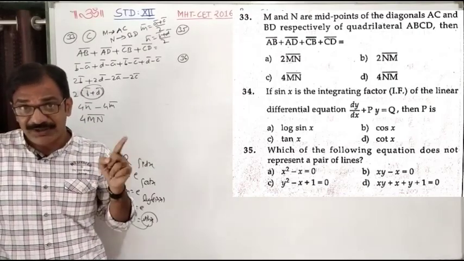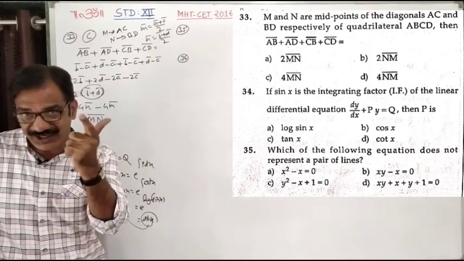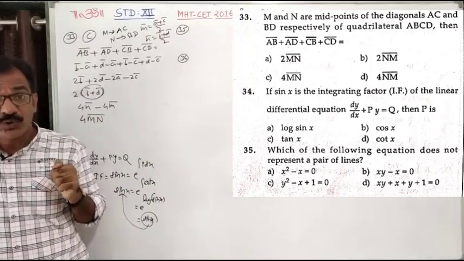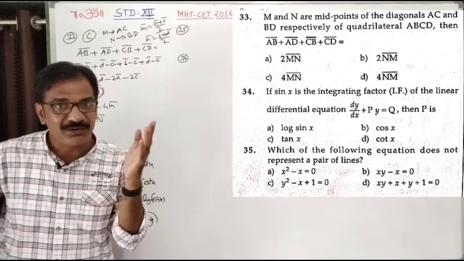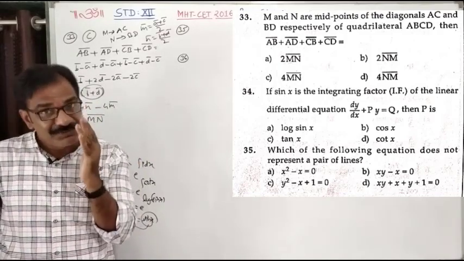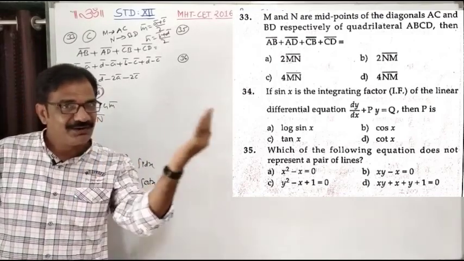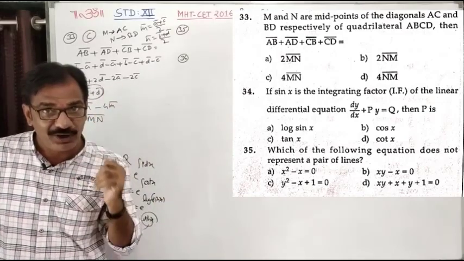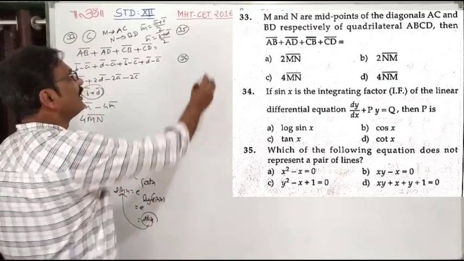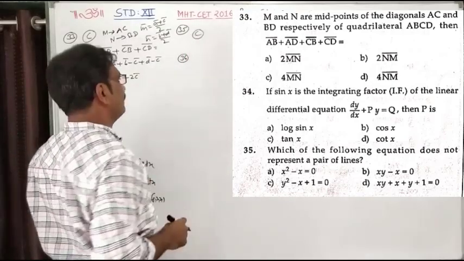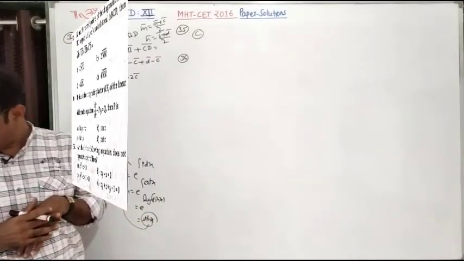D: xy plus x plus y, xy is there, joint equation is there. y square minus x plus 1, you can't separate it into two equations. If you separate it, it becomes y square equal to x plus 1, it becomes the parabola, not the line. So your option is C for question number 35.